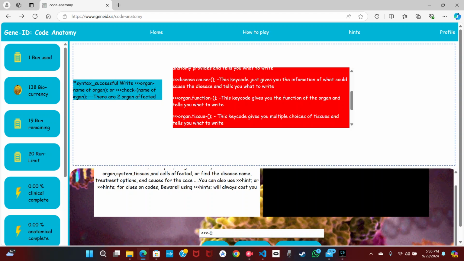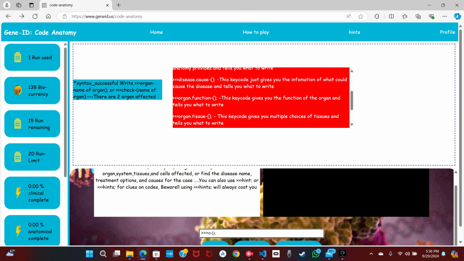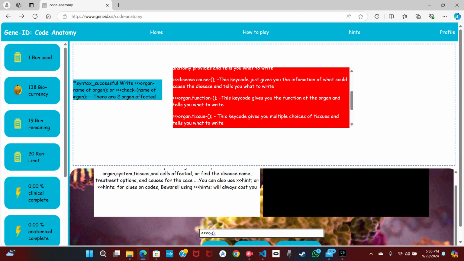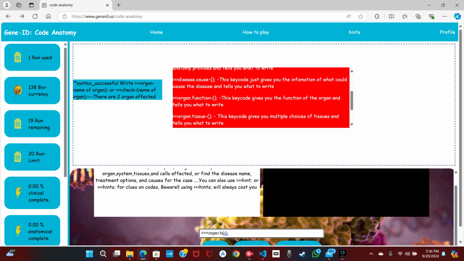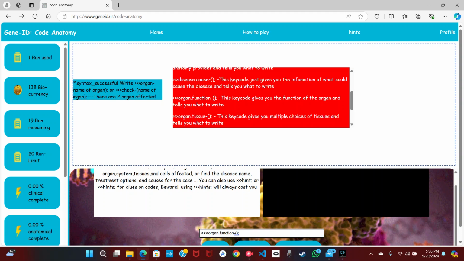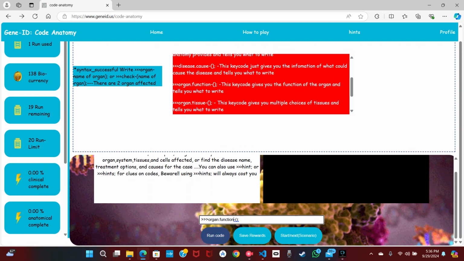Interesting. Maybe that could also give me a clue. Right now, the only clue I have is how many organs are affected, but I do not know what the organs are. So I'm just gonna type in the same thing I'm seeing on the hints, which is organ dot function. Interesting. Now let's try this and see.